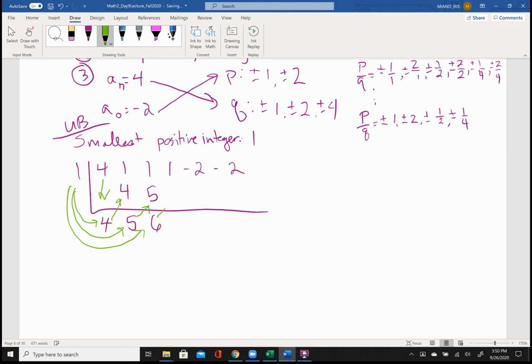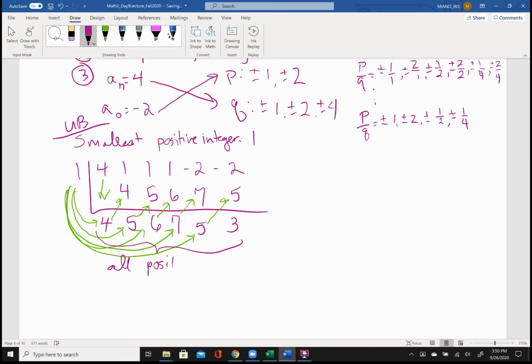Multiply through. 6 plus 1 is 7. All right, now the 7 and -2 is a 5. Multiply one last time. And you get a 5 here, and that'll be a +3. So notice that all the numbers here are positive. All positive. So 1 is the upper bound.